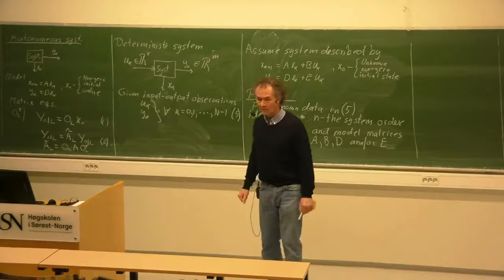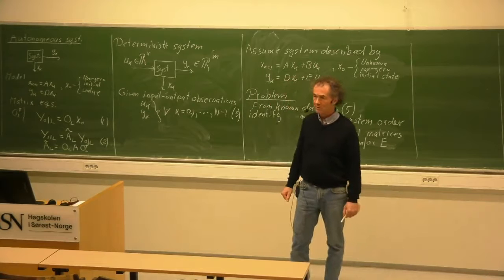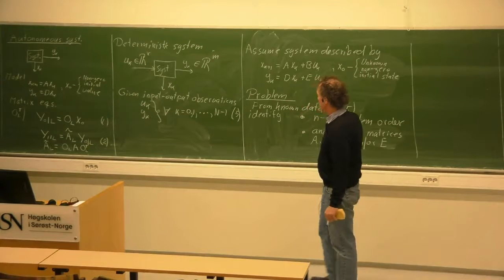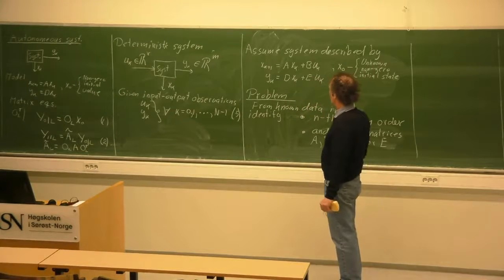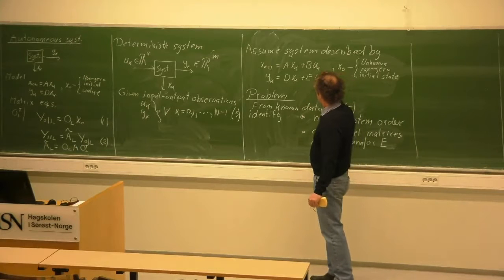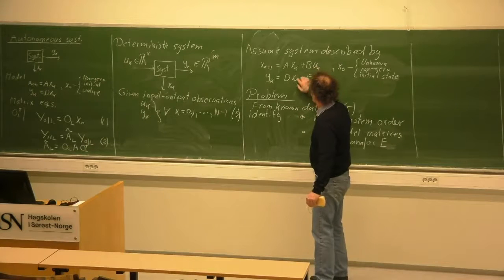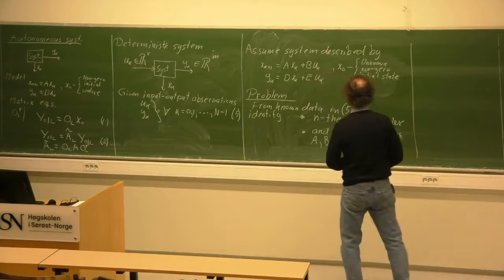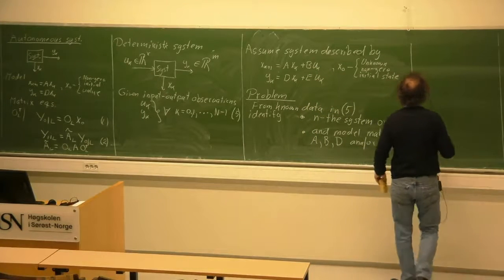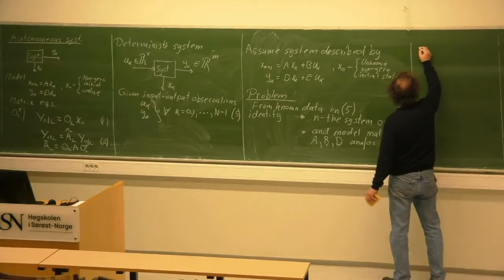Because in dynamic systems, there will very seldom be direct momentaneous influence from the input u to the output. But due to sampling, as I said, we may have this term. So I will include a structure parameter.